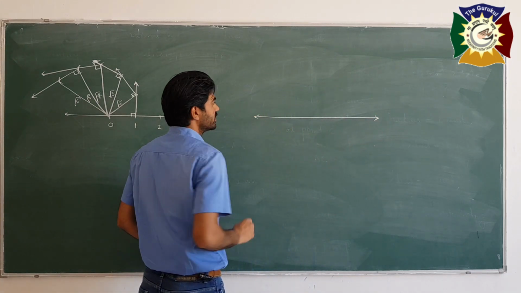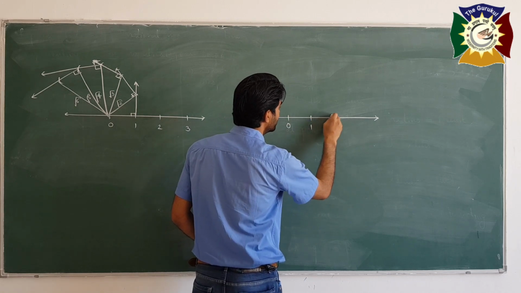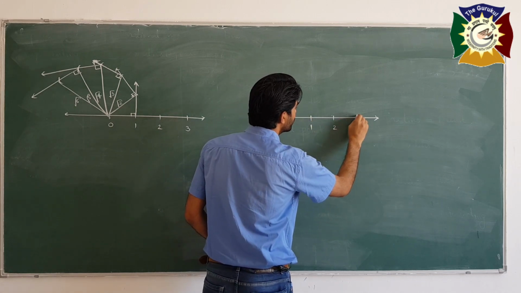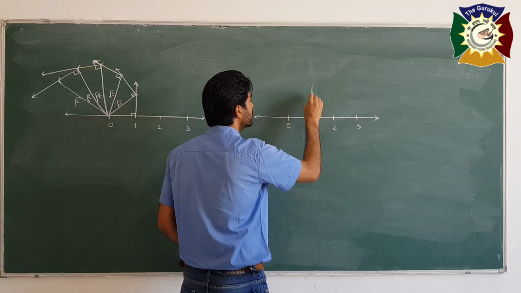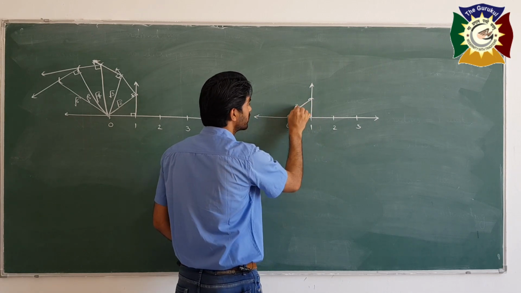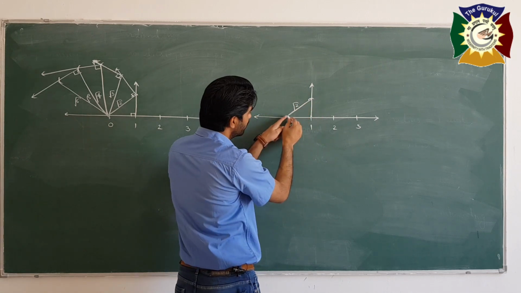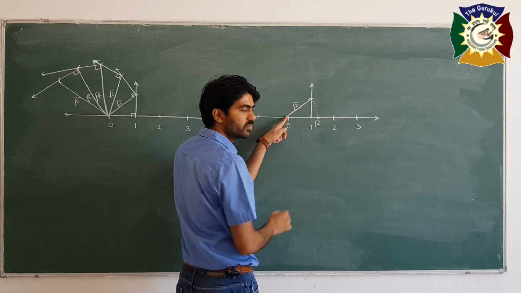See, suppose this is the number line 1, 2, 3. If I draw a perpendicular at this point, cut 1 unit, so this is root 2. I put the compass here, so this represents root 2.